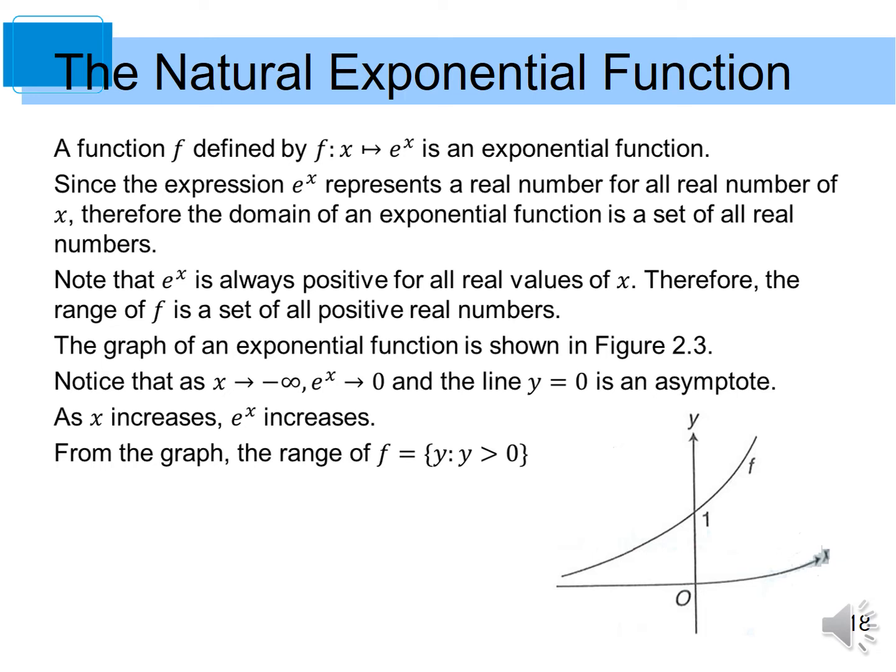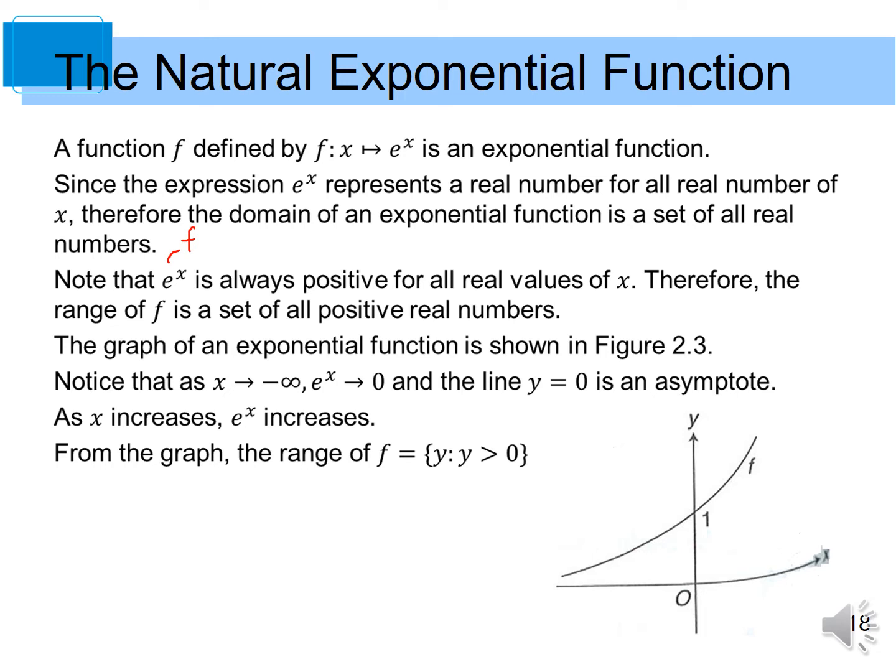A function f defined by f(x) equal to e to the x is an exponential function, since the expression e to the x represents a real number for all real numbers x. Therefore, the domain of an exponential function is the set of all real numbers. Note that e to the x is always positive for all real values of x.